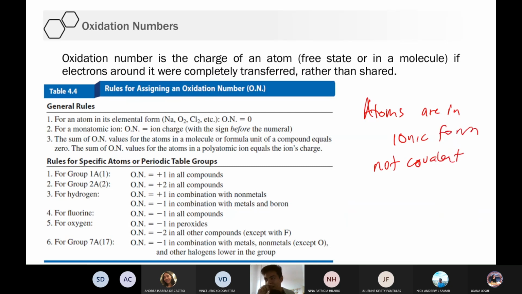Okay? So gagawin natin yung electrons, i-assign natin completely to the atoms, no? And what will happen if we completely transfer the electron? Our atom will have charges, okay? Magkakaroon siya ng charge. And whatever the charge is, that is the oxidation number of the atom.